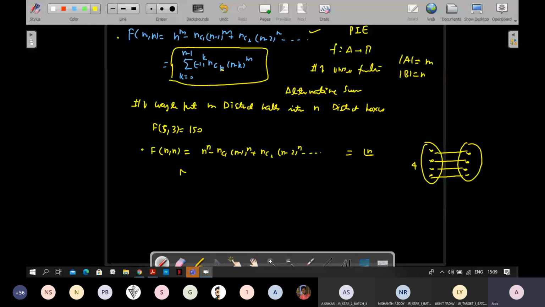You can check with small examples. Suppose I take 3 to the power 3 minus 3 choose 1 times 2 to the power 3 plus 3 choose 2 times 1 to the power 3. This should be 3 factorial.